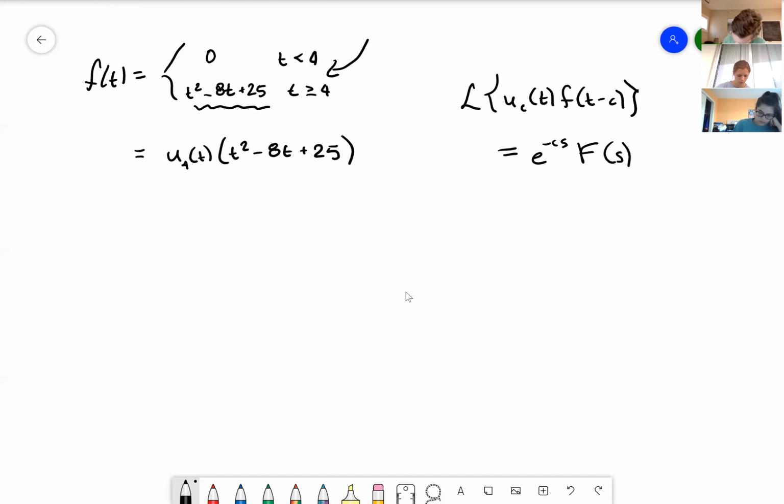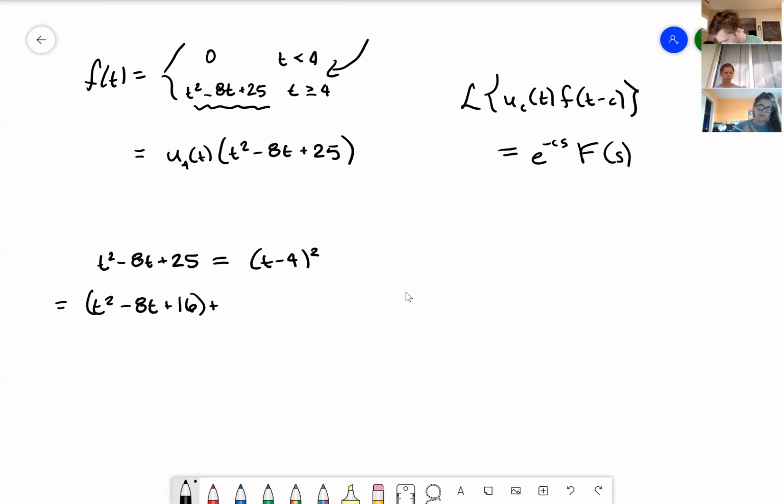So if I have t squared minus 8t plus 25, this is equal to t minus 4 squared, which is t squared minus 8t plus 16. And then I want to add an additional, I cannot think of that, what that is, 3.